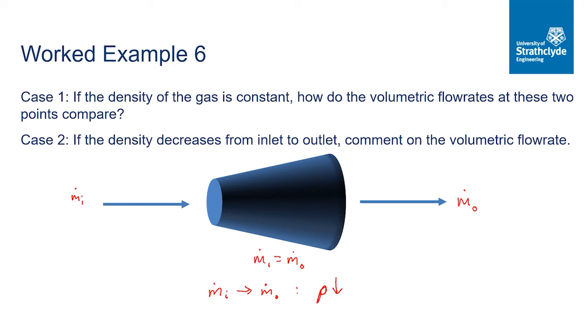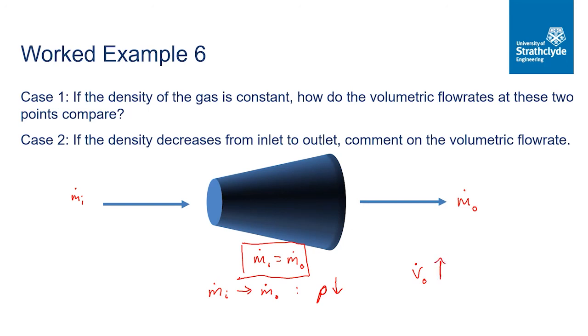So now if we consider, the law of conservation of mass must remain true. Therefore, if we wish for the mass flow rate in to equal the mass flow rate out, then it follows that the volumetric flow rate coming out must increase.